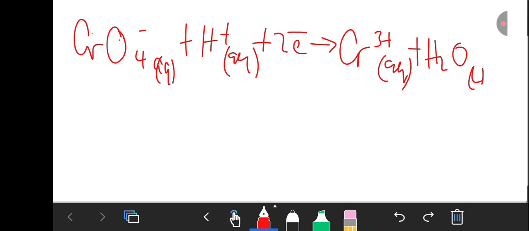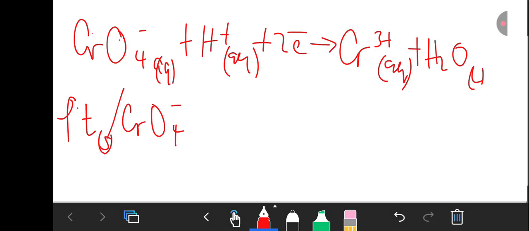You can use platinum. Platinum is an inert electrode, so you can start with platinum. You say platinum, a solid, then you put one line to separate it from what is undergoing oxidation. So what's the reaction at the anode, you write it like that.